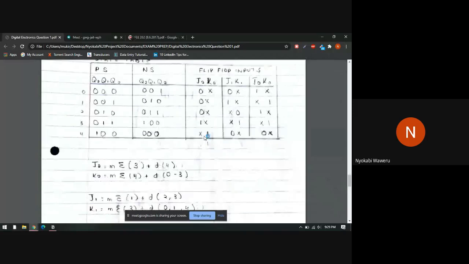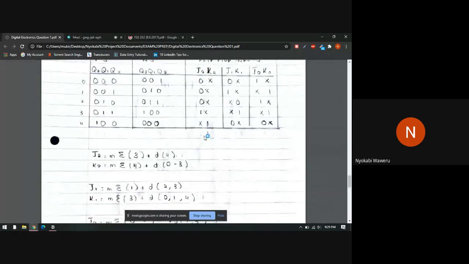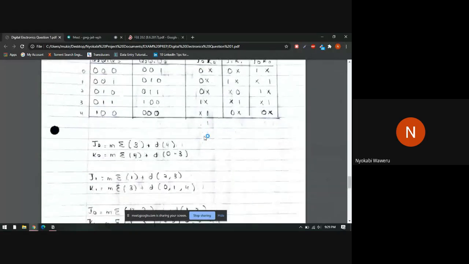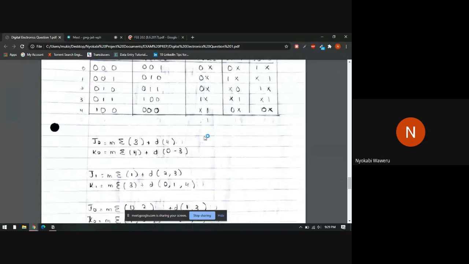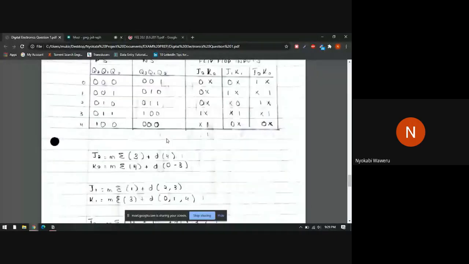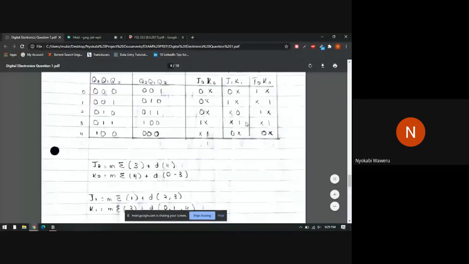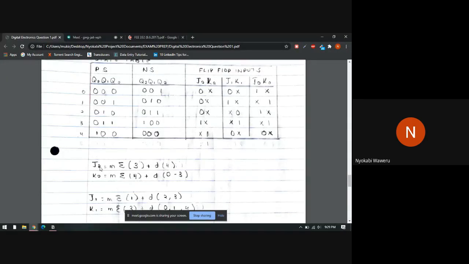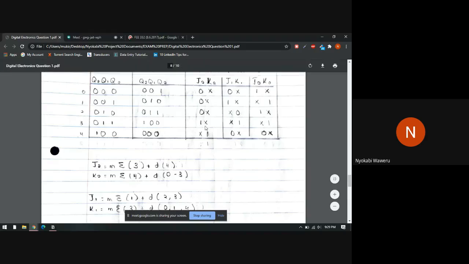The next thing you do is to write down the min terms and the don't care values. Remember, these x's represent don't care values. For J2 we had the min term at 3, don't care value at 4.